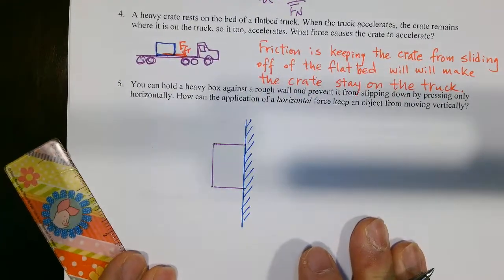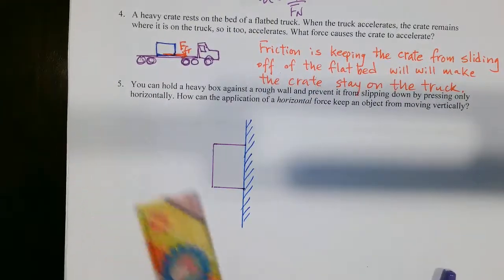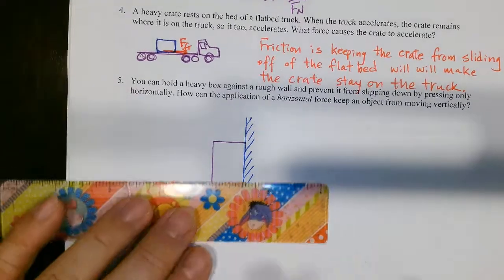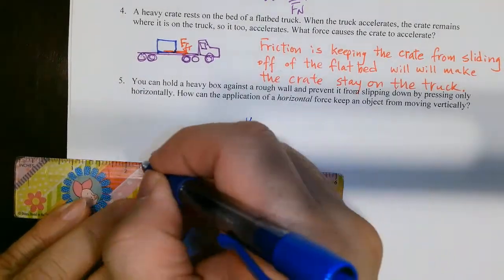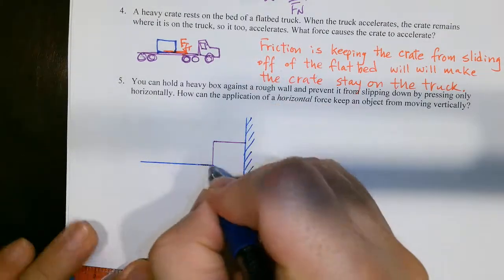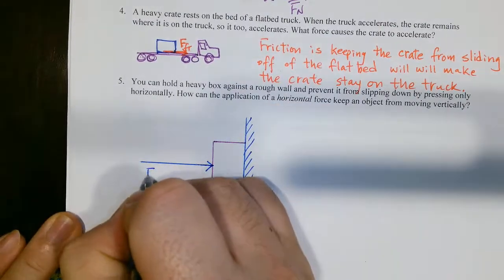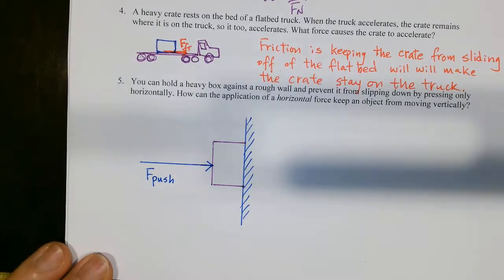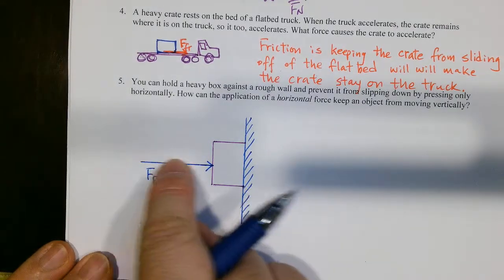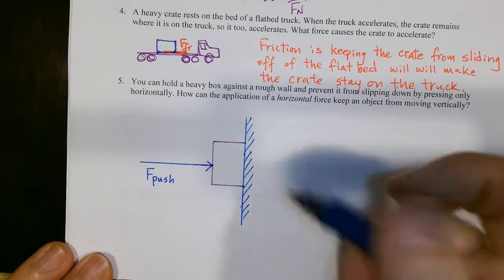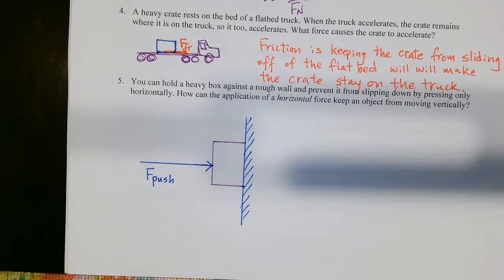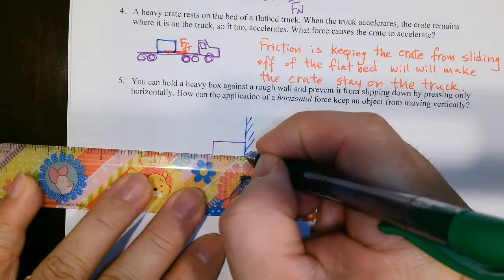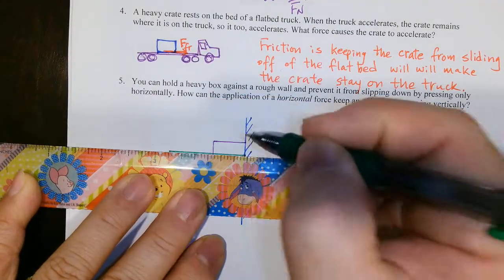Well, if I were to apply force onto this box, so if I push up against this box, so F push against this box, because I'm pushing up against this box, this will create a normal force back onto the box by the wall.